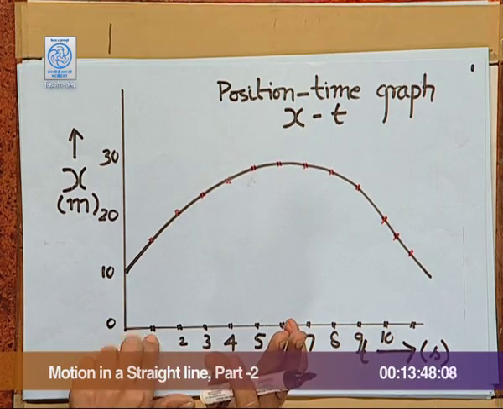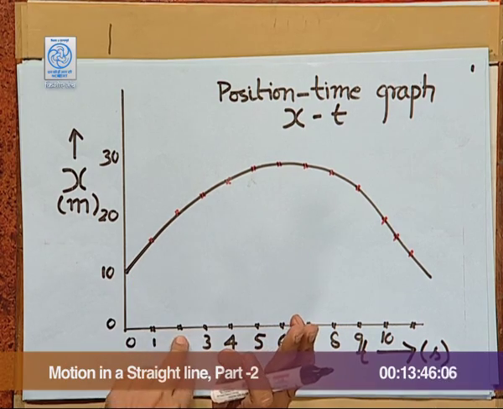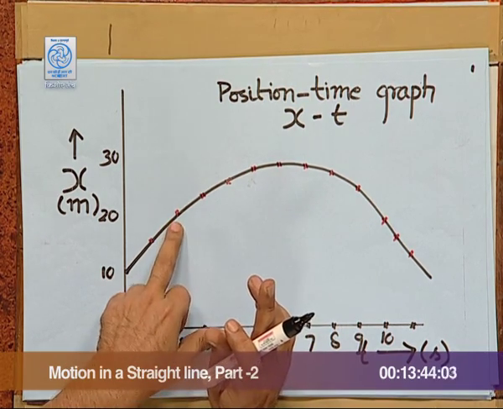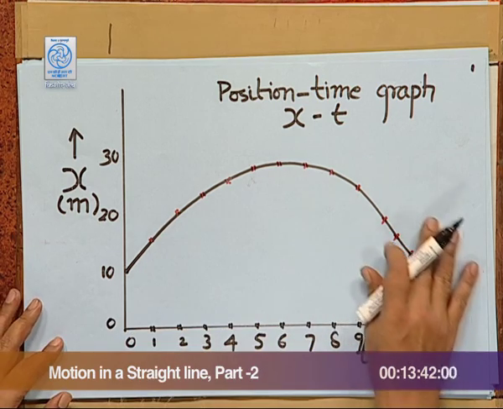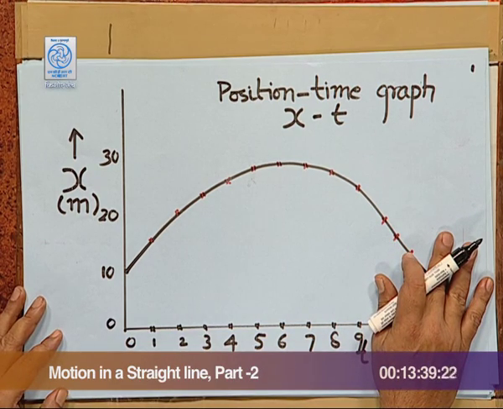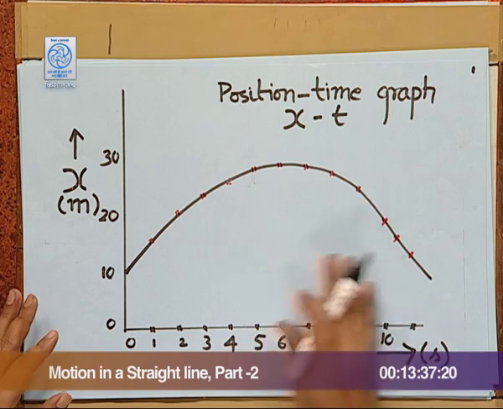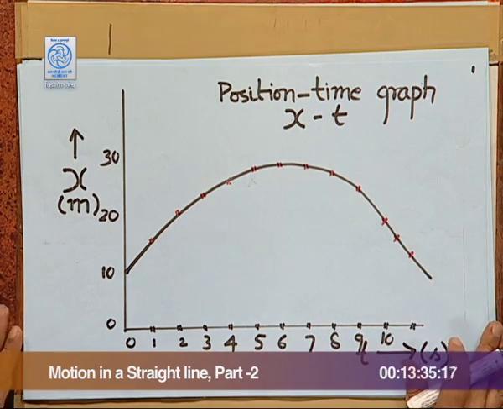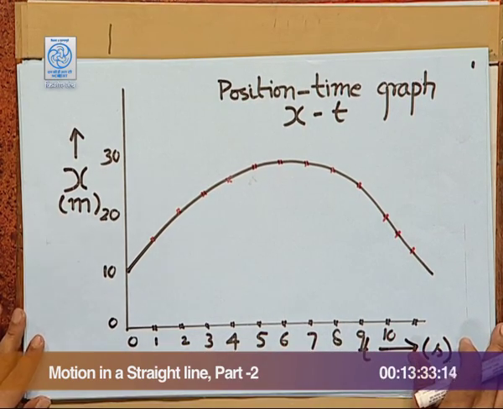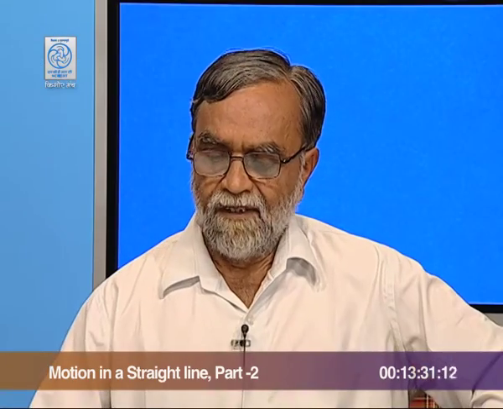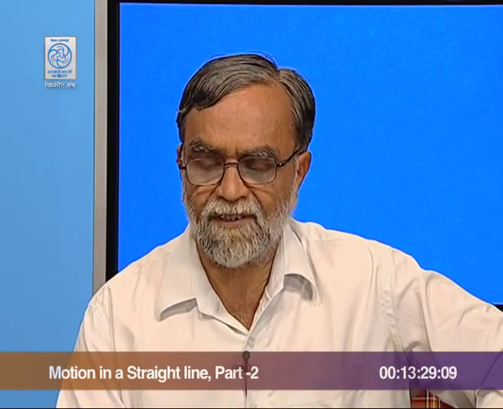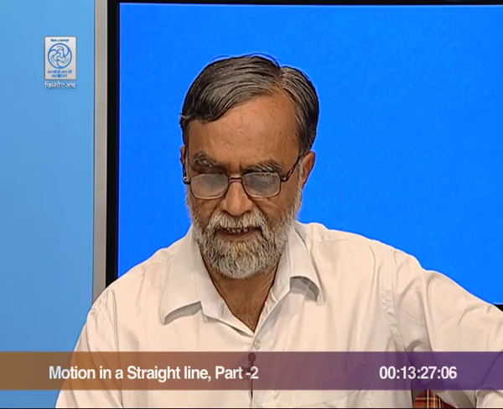At t equal to 1, it is at 15. At t equal to 2, this is the kind of plot that I have done, and it has been done from time t equal to 0 to time t equal to 11 seconds. Look at this graph carefully. What do you observe in this graph? The position variation with respect to time is what is indicated.